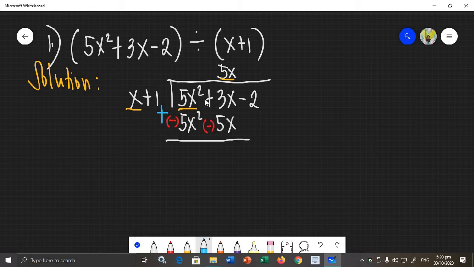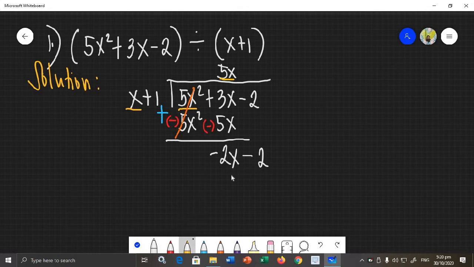So we apply the rules in subtracting integers, at the same time adding integers. 5x squared plus negative 5x squared will be cancelled, 0 na yan. And then 3x plus negative 5x, the answer is negative 2x. Now, we need to bring down negative 2.